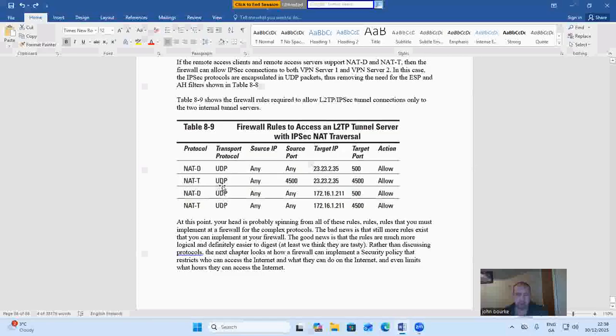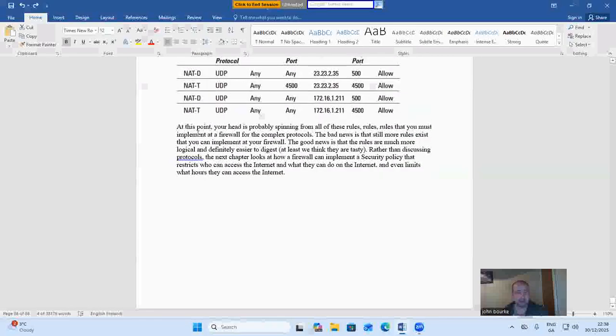NAT-D, UDP, any, 23.23.2.35, 4500, allow. NAT-D, UDP, any, 172.16.1.211, 500, allow. NAT-T, UDP, any, 172.16.1.211, 4500, allow. At this point, your head is probably spinning from all these rules that you must implement at a firewall for the complex protocols.